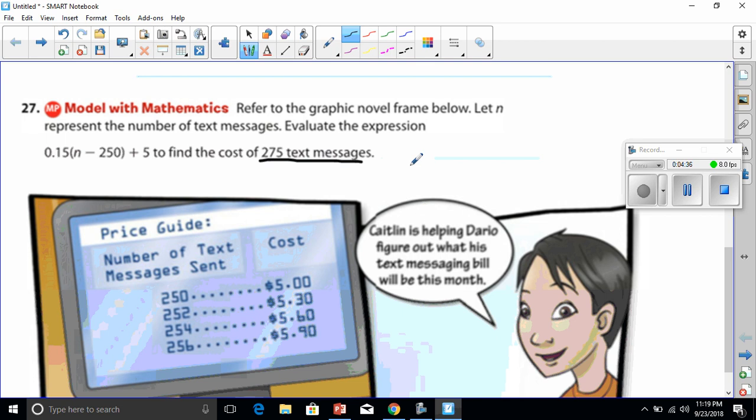All right, so let's go ahead and work this out. I would then have 0.15 times 275 minus 250, plus 5.